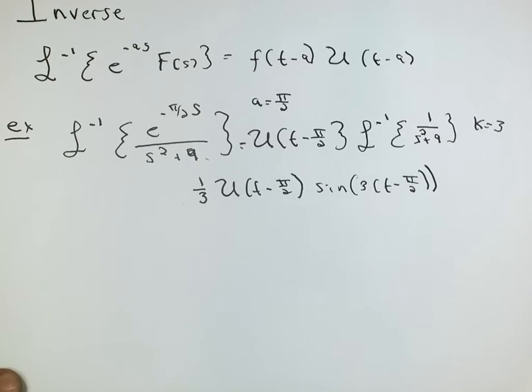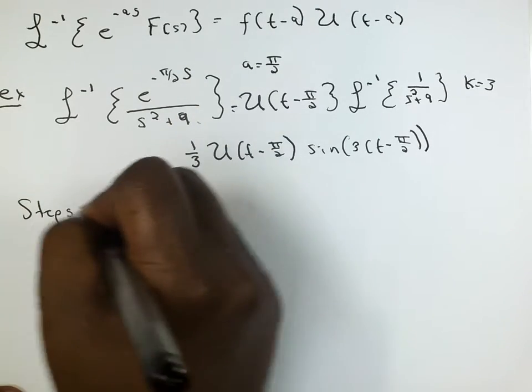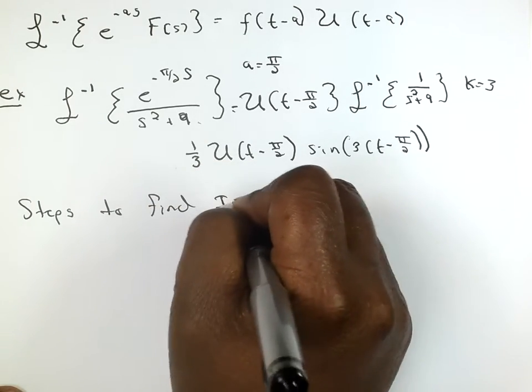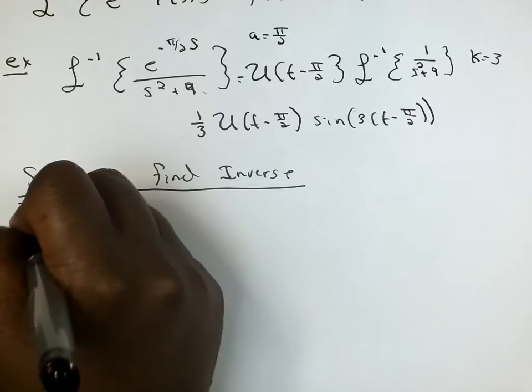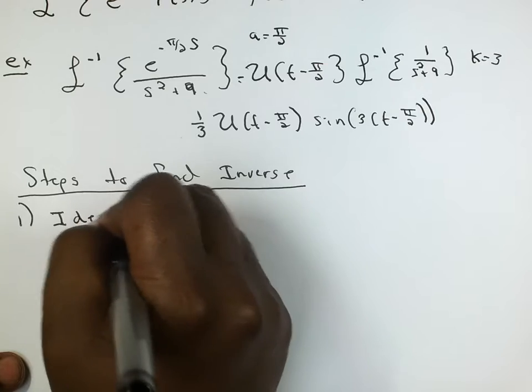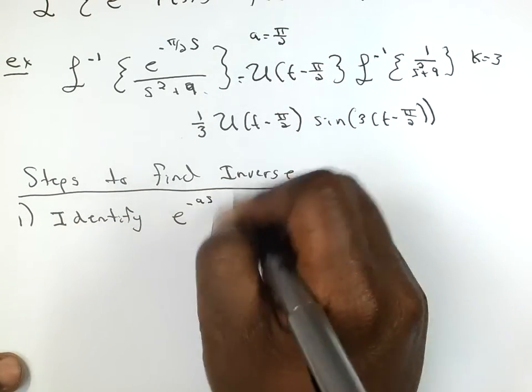Okay. So the steps to find the inverse is, first we need to identify the e to the negative as.